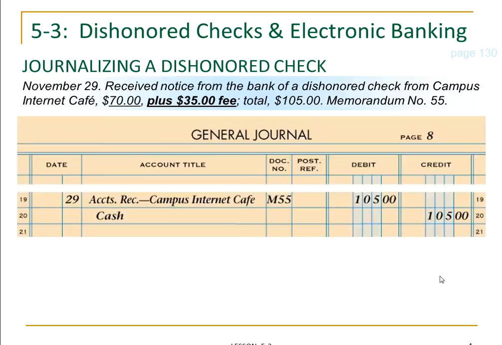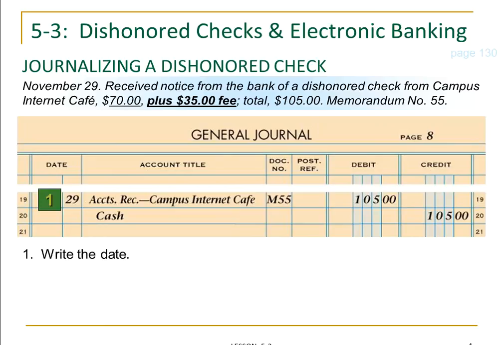So this is what it's going to look like from a journal entry standpoint. On November 29th, we have created an account receivable from Campus Internet Cafe because they now owe us that, and we documented that on Memorandum 55, which is our document source. We have a debit of $105 to accounts receivable, and we have a credit to cash of $105.